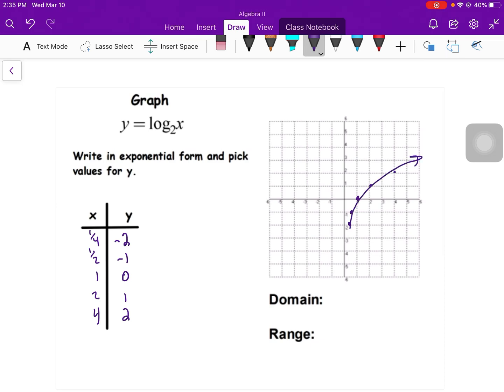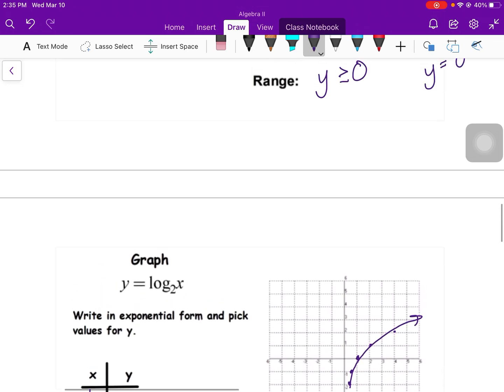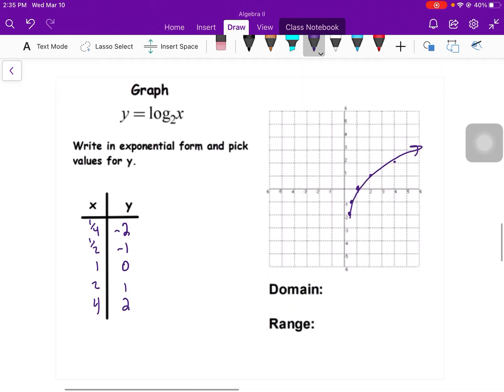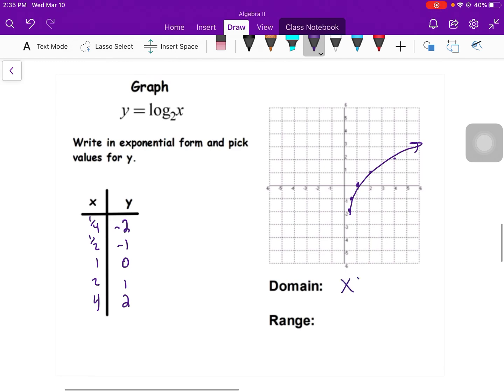And now what's kind of unique is my domain and range have changed. My range up above was y is greater than or equal to 0. Well, now my domain is going to be x is greater than or equal to 0, because now I'm going to have a vertical asymptote. So now it's going to be the y-axis, x equals 0.